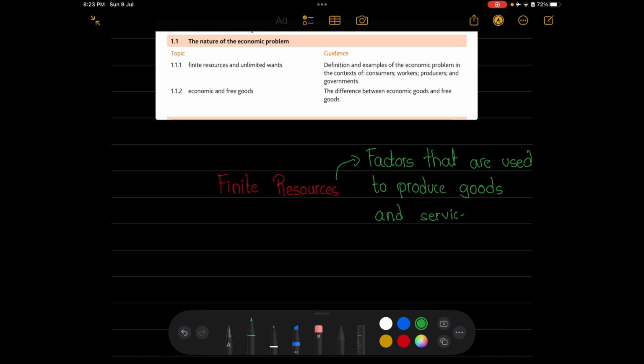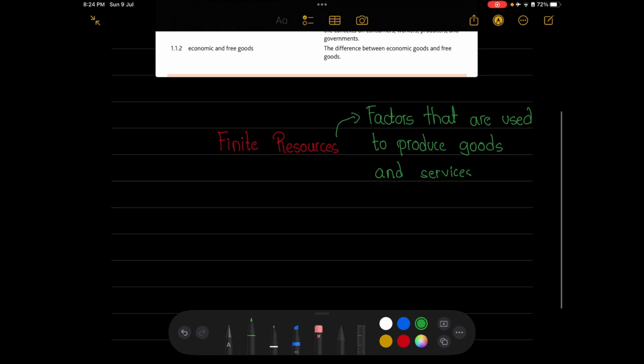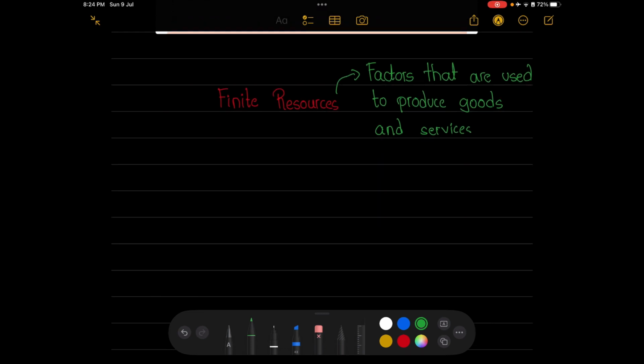In economics, resources or economic resources are generally divided into 4 different categories, or 4 different types of resources. The first category is land, the second is labor, the third is capital, and the 4th is enterprise.